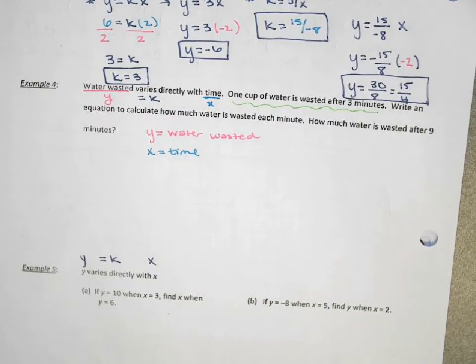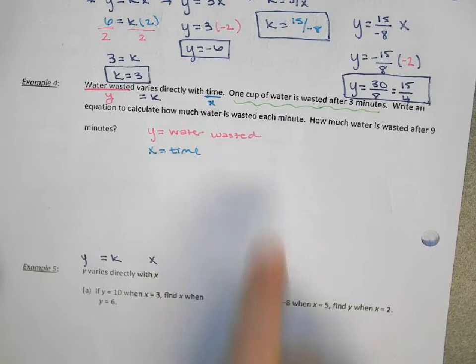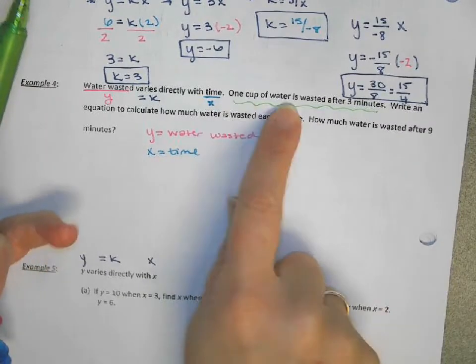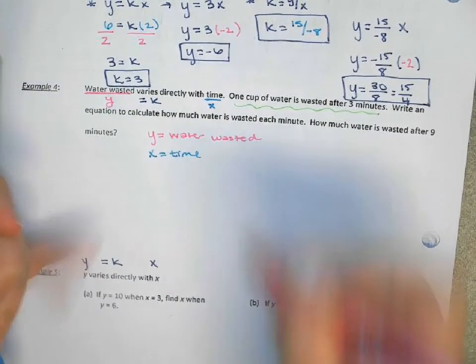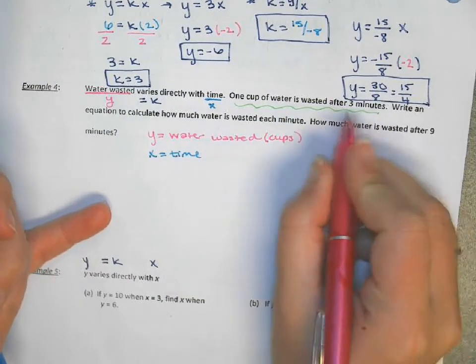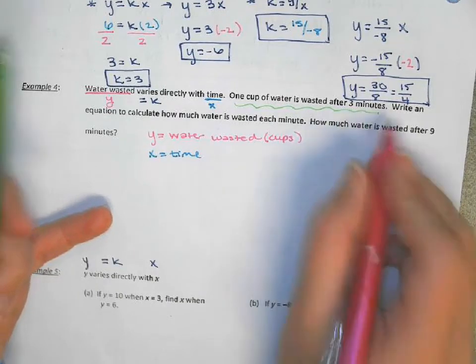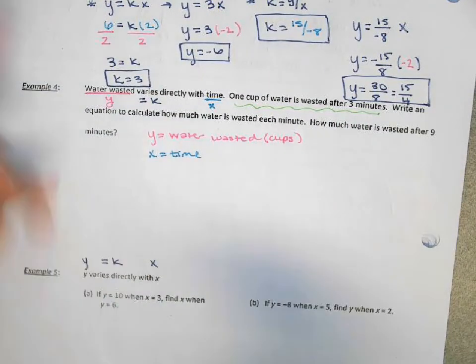That is giving you 1 point. Okay? I can see that the amount of water that's wasted is measured in cups. So I'm going to write that right here. And the time is measured how? In what unit? What's time measured in? Minutes. So I'm going to write that down too.